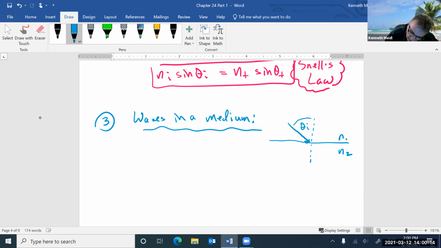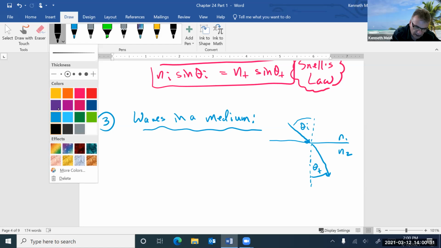We're going to approximate the wave with this straight line. And then we get this transmitted angle here. That's essentially the picture we've been looking at for several weeks now.